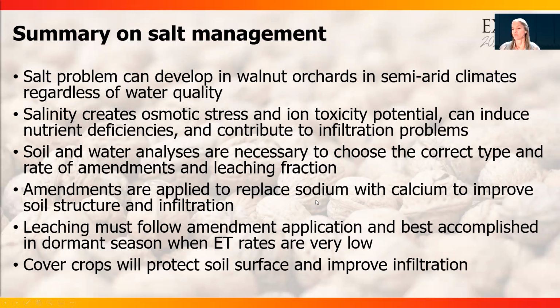Amendments are applied to reduce sodium and calcium, to replace sodium with calcium to improve soil structure and infiltration. Leaching must follow amendment application and is best accomplished in the dormant season when the ET rates are very low. Cover crops will protect the soil surface and improve infiltration.